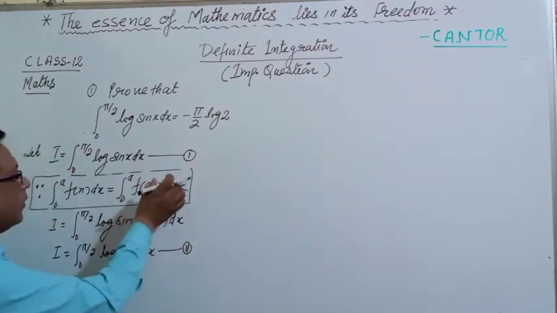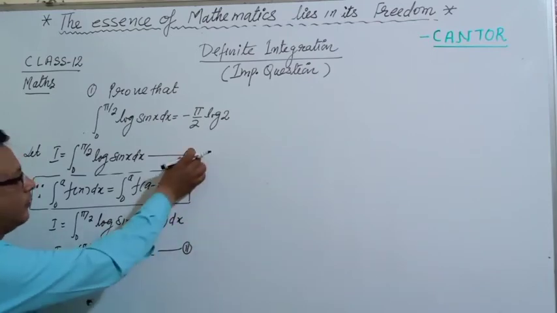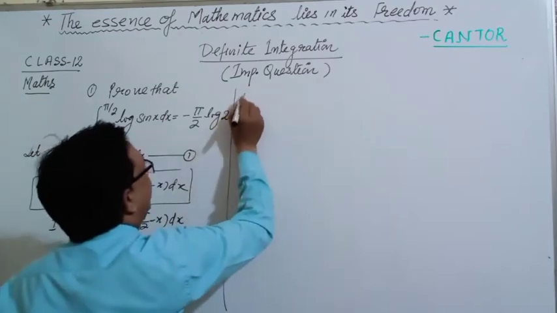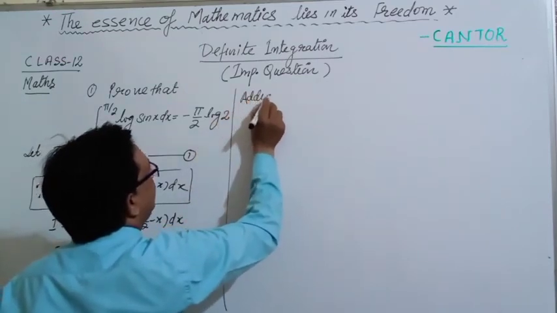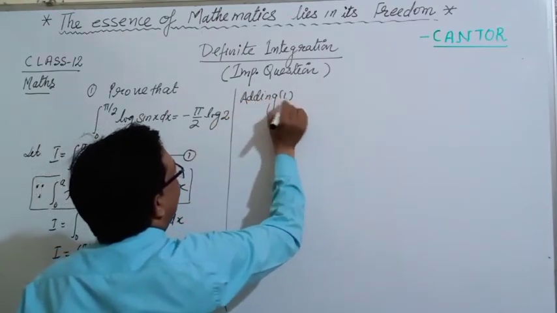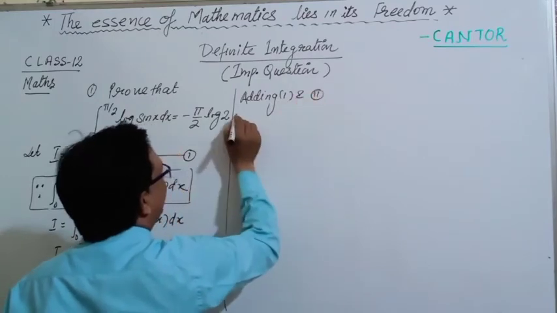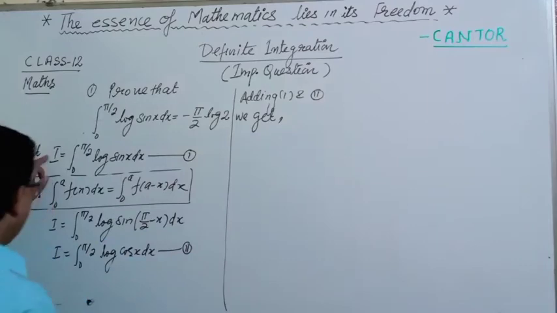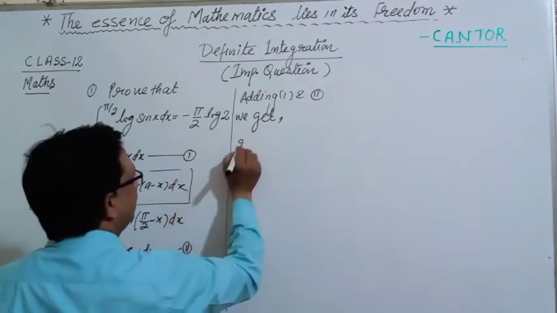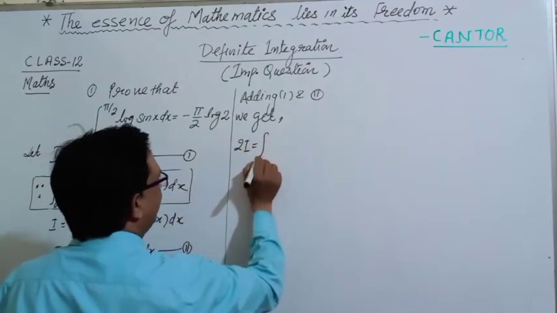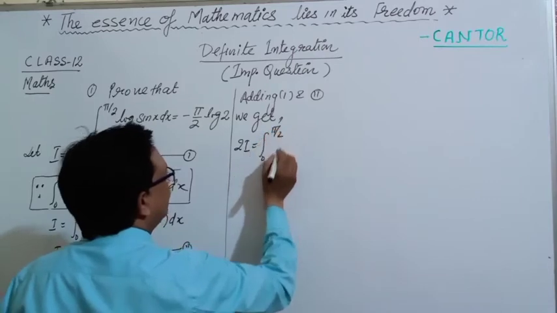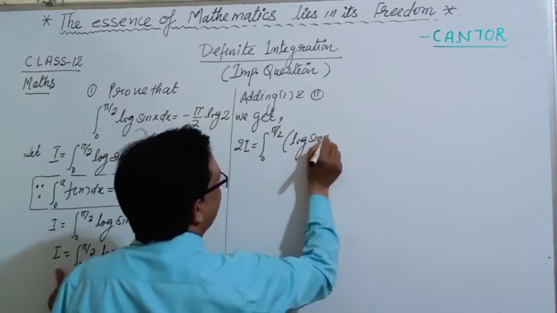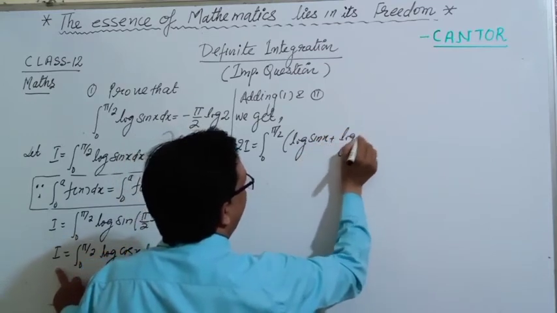Like the previous equation, we add the first and second equations. Adding first and second, we get 2I is equal to the integral from 0 to pi by 2 of log sin x plus log cos x.